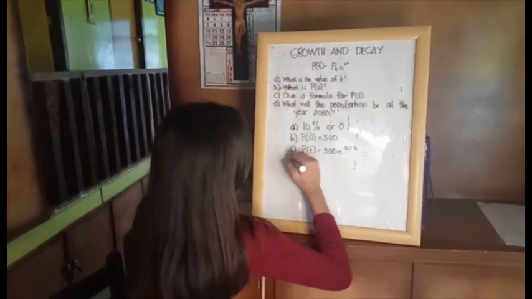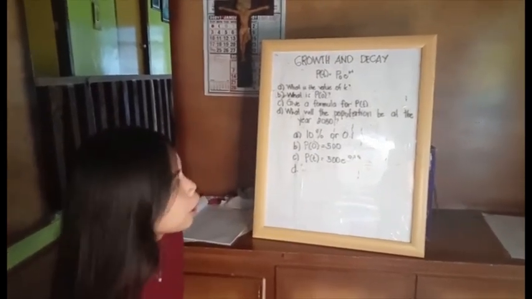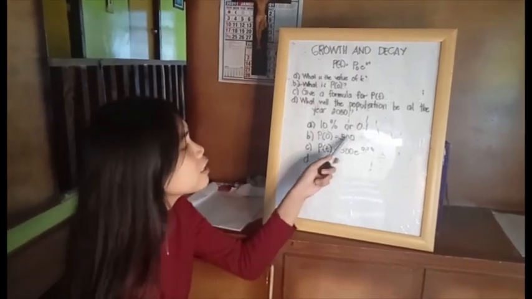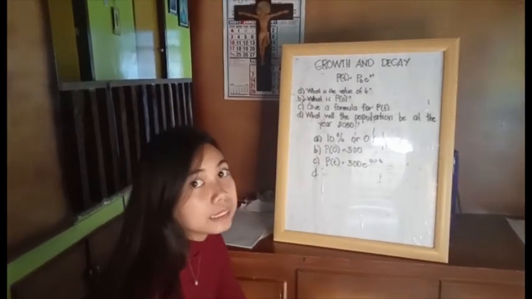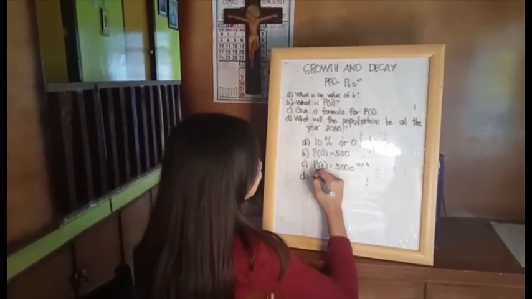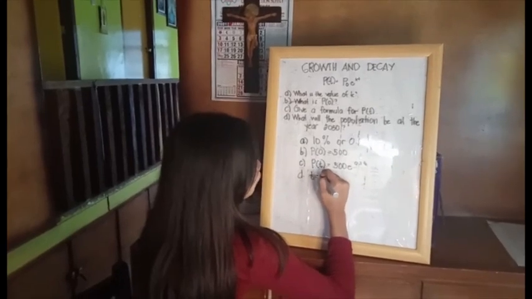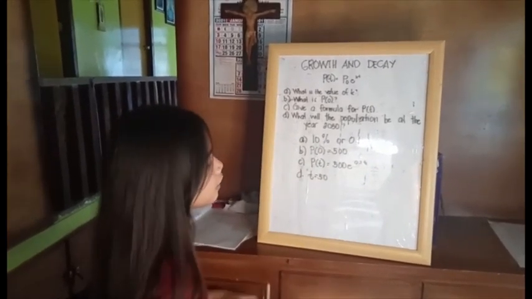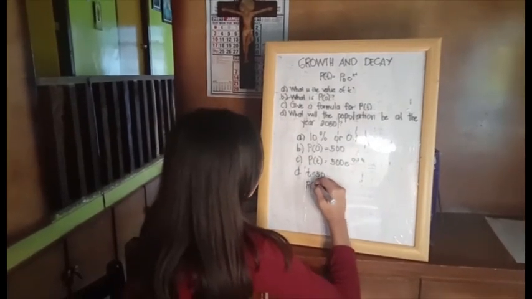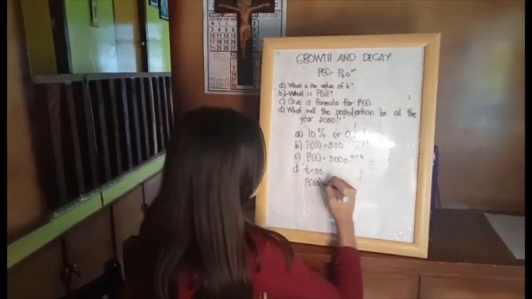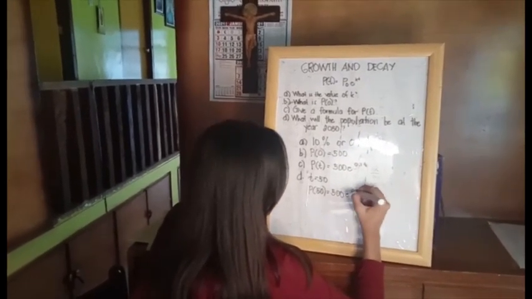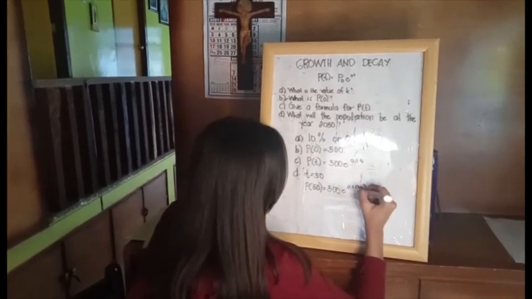So D, what will the population be at the year 2050? This 500 was given at the year 2000. So 2000 to 2050 will be 50, so our time will be 50. We're going to substitute this t to this equation. P(50) is equal to 500 e raised to 0.1 times 50.